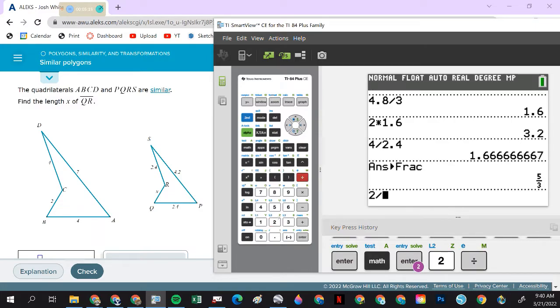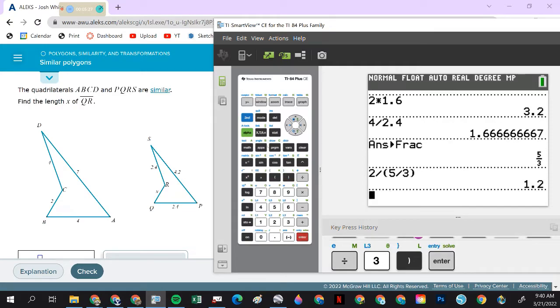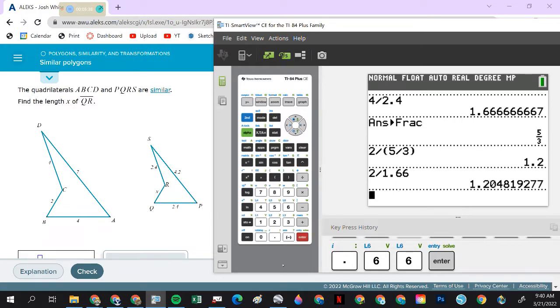How do you divide a fraction? You have to put it in parentheses. So that turns 5/3 into its own number. And I'm going to get 1.2. Now, can I use the decimal? Could I just do 2 divided by 1.66? No, it's going to be off by a little bit.